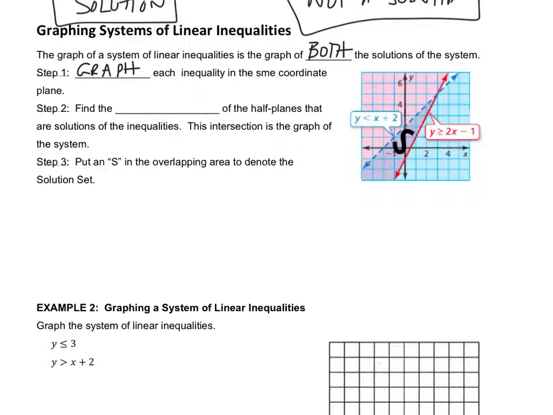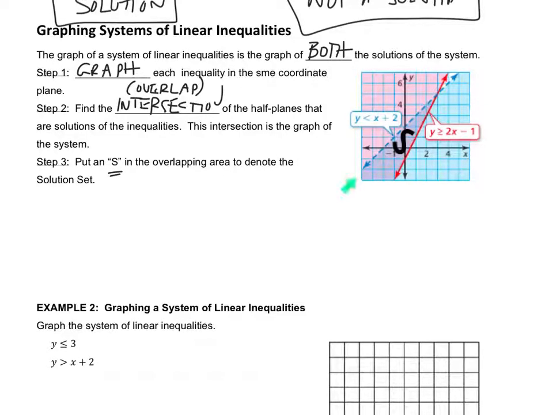Then we're going to find the intersection or overlap of the half planes that are solutions. So it still is the intersection where they cross each other, but it's the overlap that we're really looking for. So the intersection is going to be the solution to our inequality system. And then we always put an S in that overlapping section because it gets a little bit cloudy.